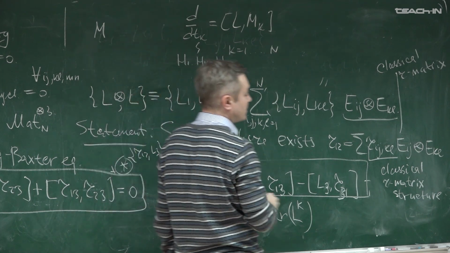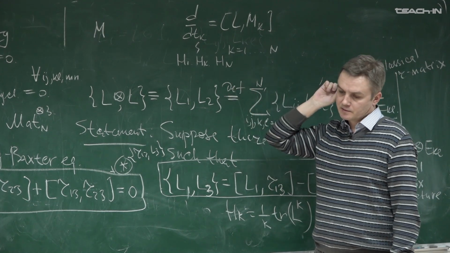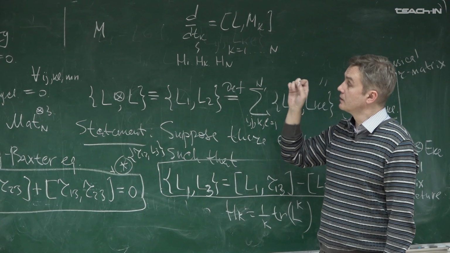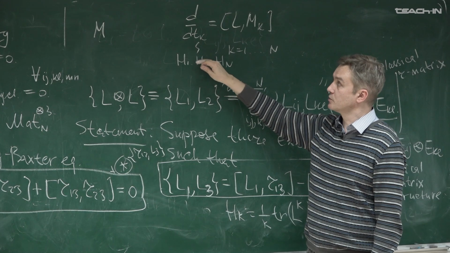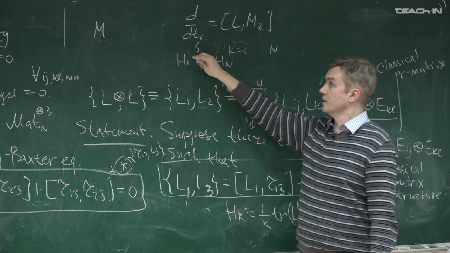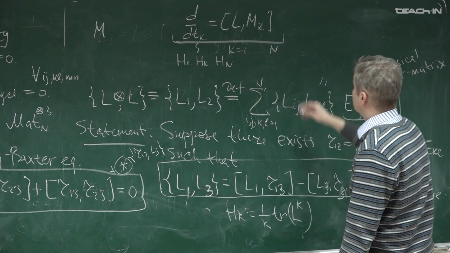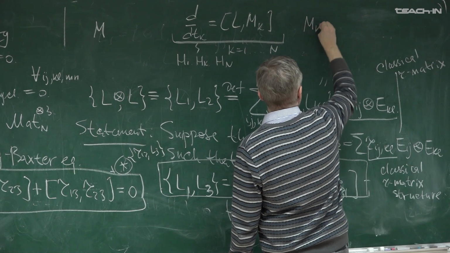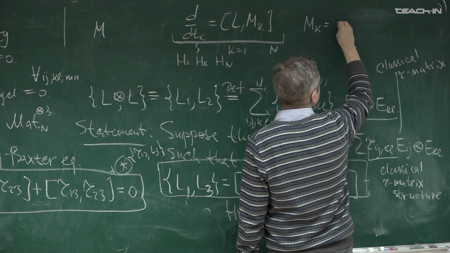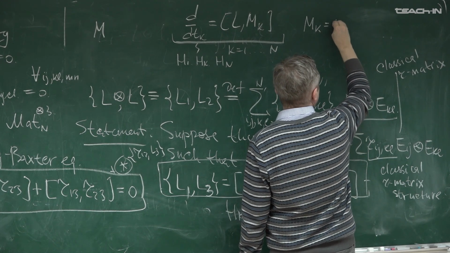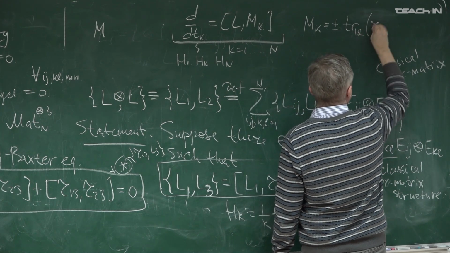You may choose any conservation law as Hamiltonian, and write down dynamics with respect to this Hamiltonian. This will correspond to some time tk, and then for each time you have a Lax equation, and this Mk can be defined as, maybe with minus, I don't remember the sign, but the main formula is like this.